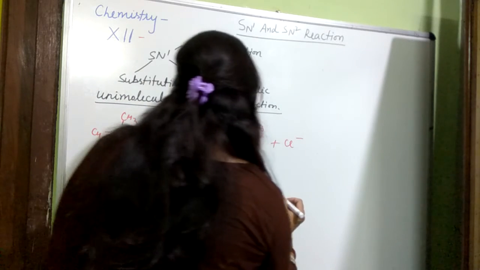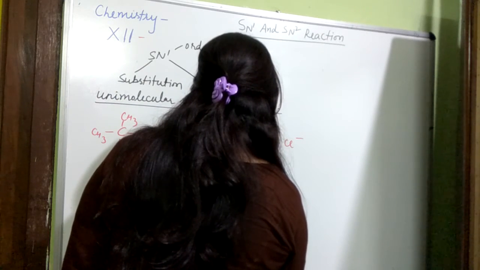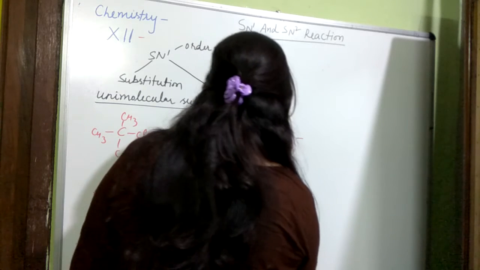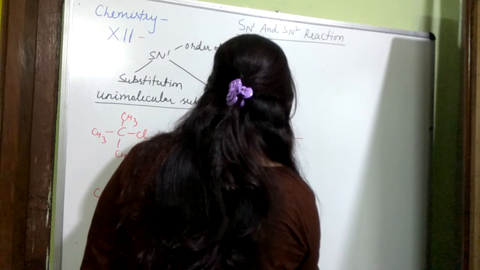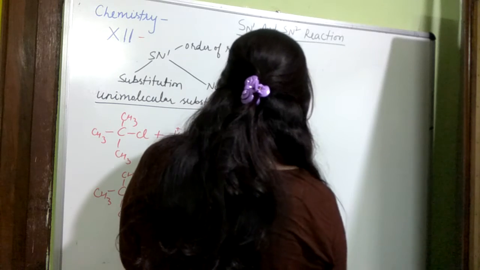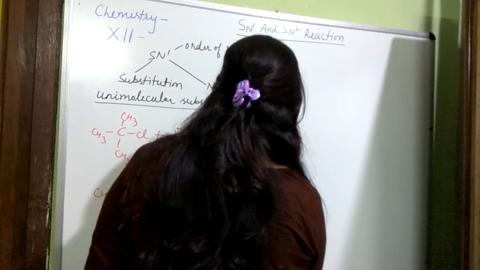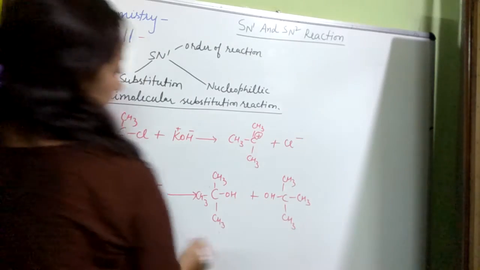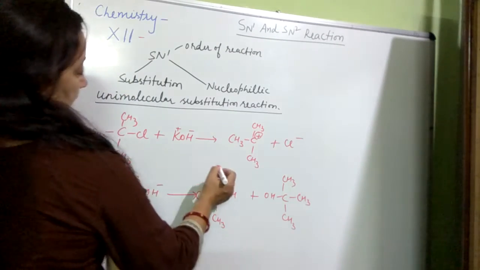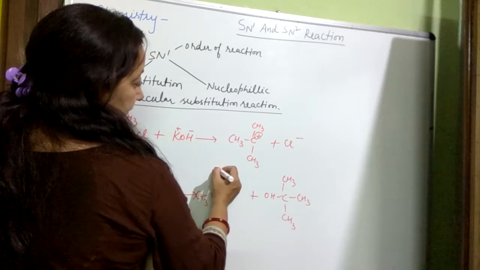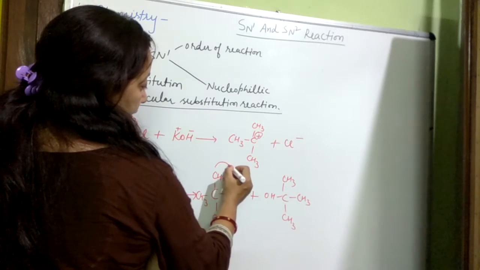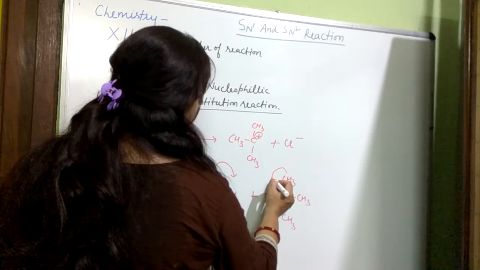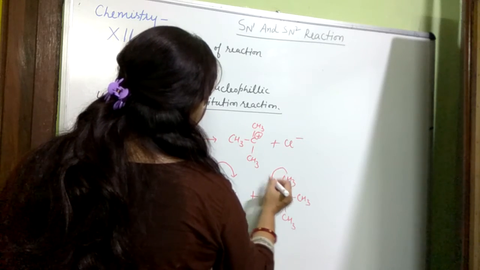and the second one is this. One can rotate the plane polarized light towards right side and the other rotates the plane polarized light towards left side.